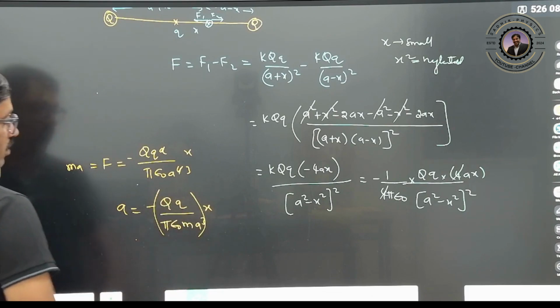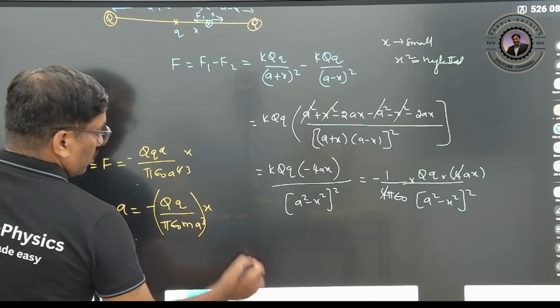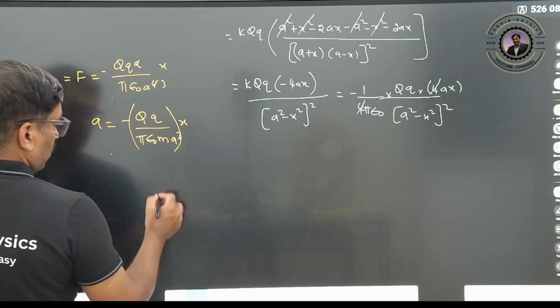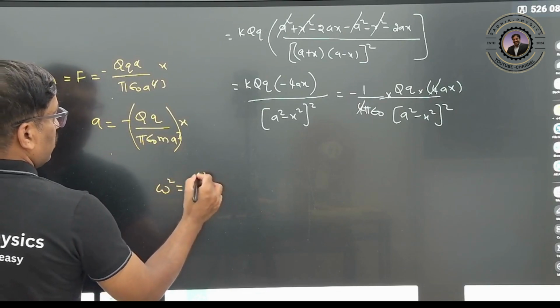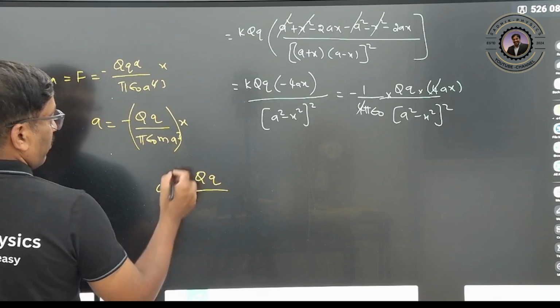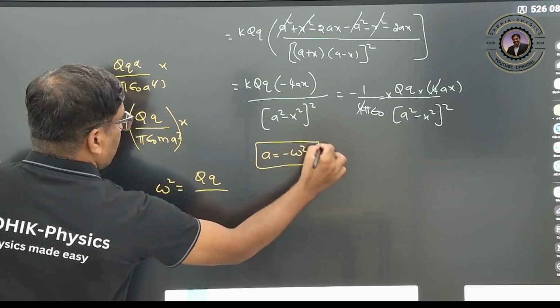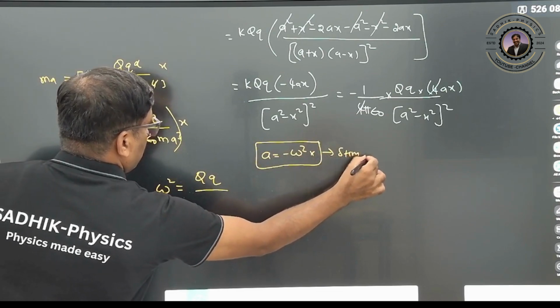So a is equal to minus Q q by pi epsilon naught m a cube into x. This will be your omega square. So you can rewrite it as a equals minus omega square x, the simple harmonic motion equation. Clear?